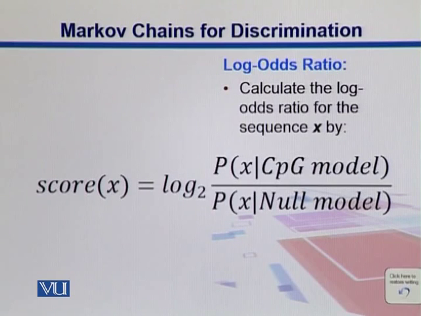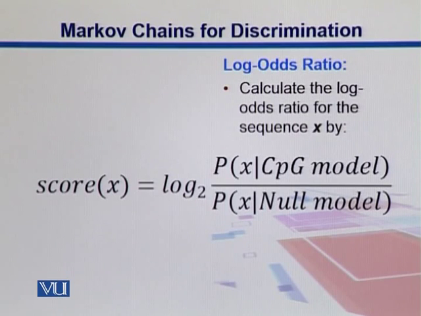So we calculate the log odds ratios for the sequence by log of 2. In log 2, the numbers are converted such that if you are getting a number 2 on the log 2 scale, that is actually 4, which is 2 raised to power 2.